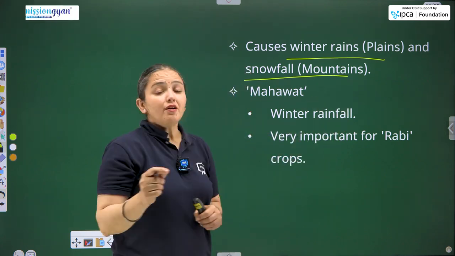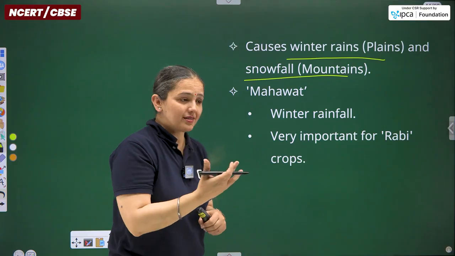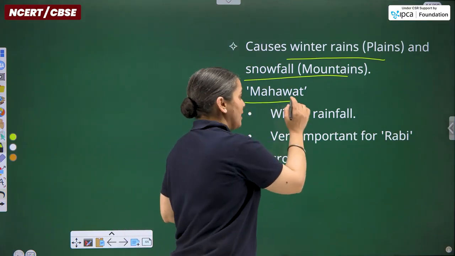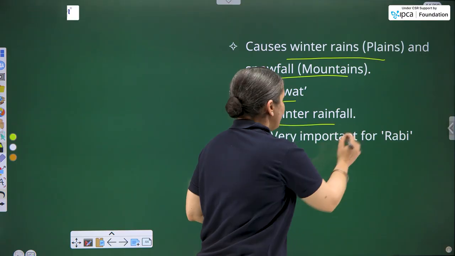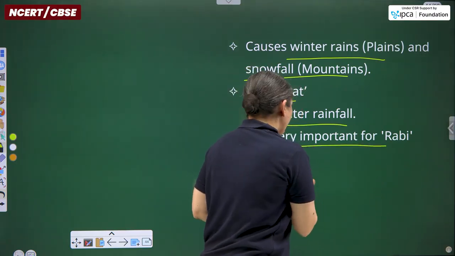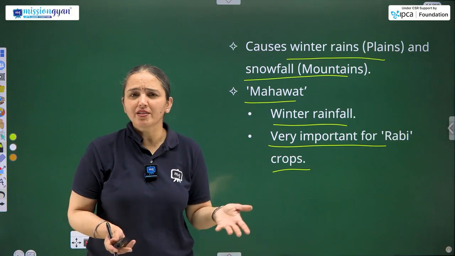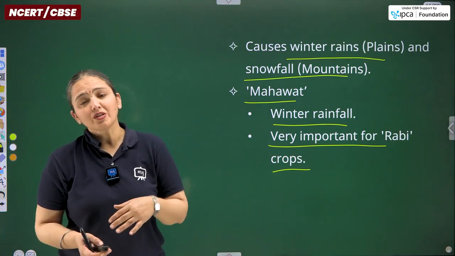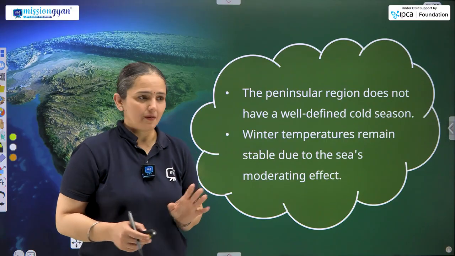And one of the particular winds that blows during this winter season is known as Mahavat. What does this wind bring in India? Winter rainfall, very important for the rabi crops, the crops that are sown before the winter season and are to be harvested by the end of the winter season or the beginning of the summer season.